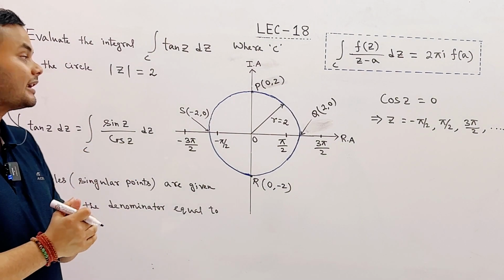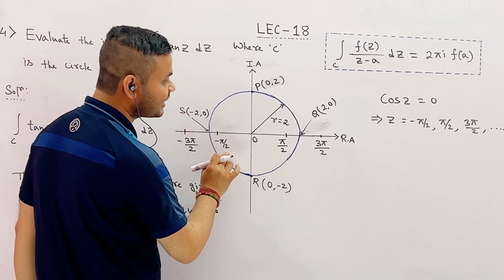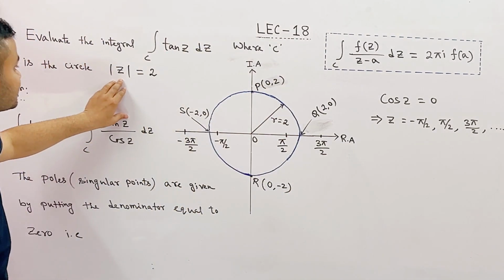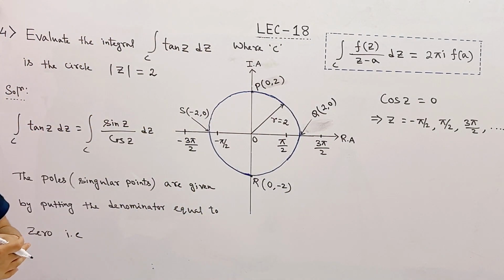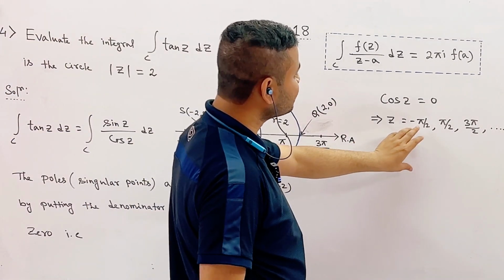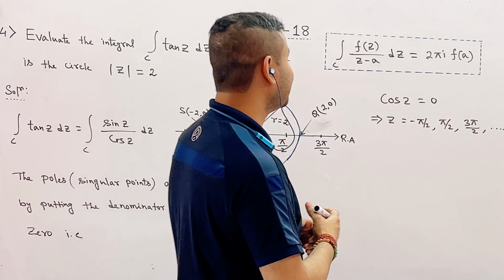Out of infinite number of poles, only 2 poles at z equal to minus pi by 2 and at pi by 2 lie inside the given circle modulus of z equal to 2. So therefore, we will apply Cauchy's integral formula for z equal to minus pi by 2 and for z equal to pi by 2. First, let me write these points.